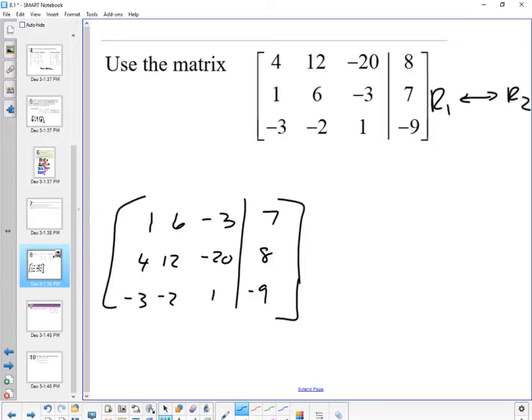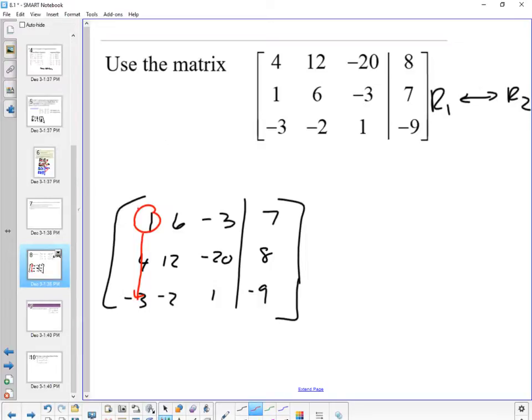Let me give you a technique, because I don't want this to be like, oh my God, what do I do? You always are going to do this. You're going to start with a 1 in the upper left-hand corner, and then you're going to want to make zeros of everything under that. I'm going to show you right now, but I'm giving you a technique.